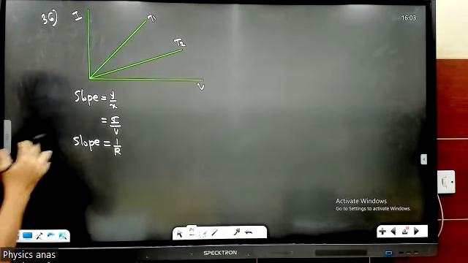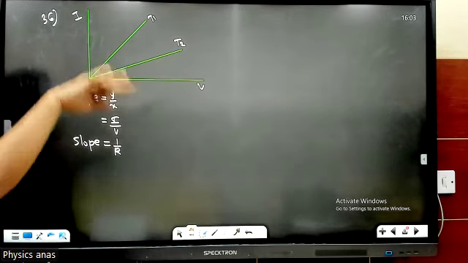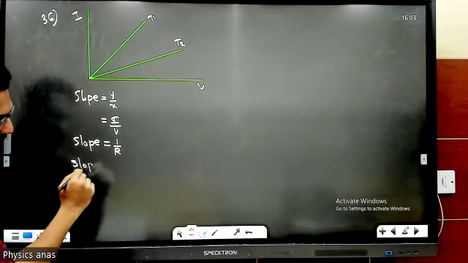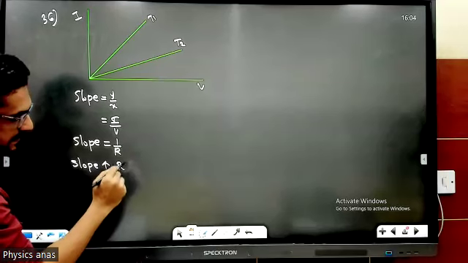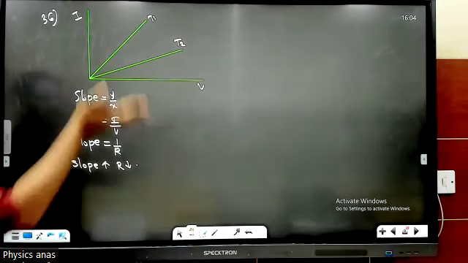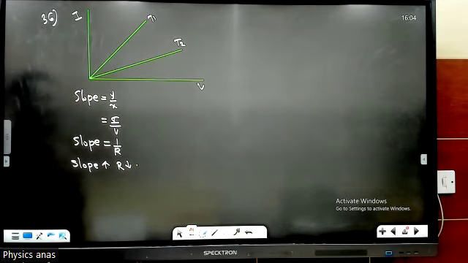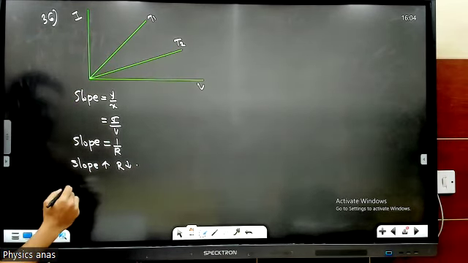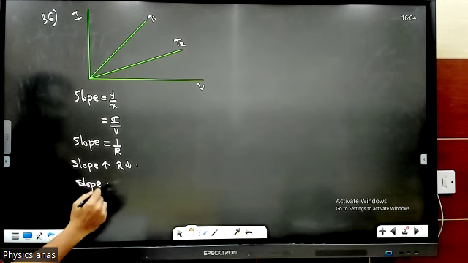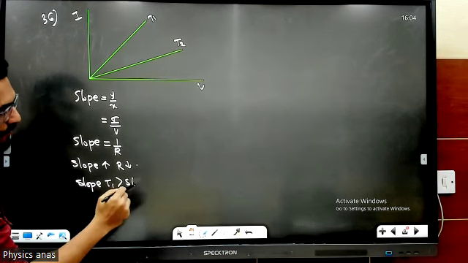What is the meaning of this? As slope increases, resistance decreases. Slope of T1 is greater than slope of T2.